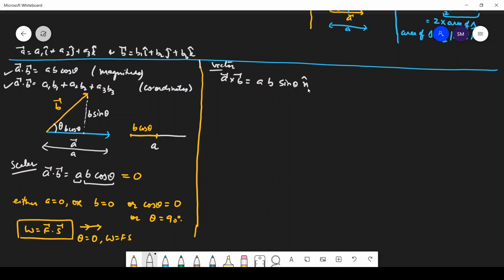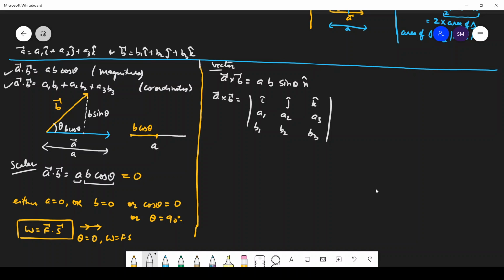That is n cap, perpendicular to the plane containing vector A and vector B. And in terms of coordinates, we write A cross B in determinant form: i j k, then A1 A2 A3, then B1 B2 B3. That's how we write the cross product.